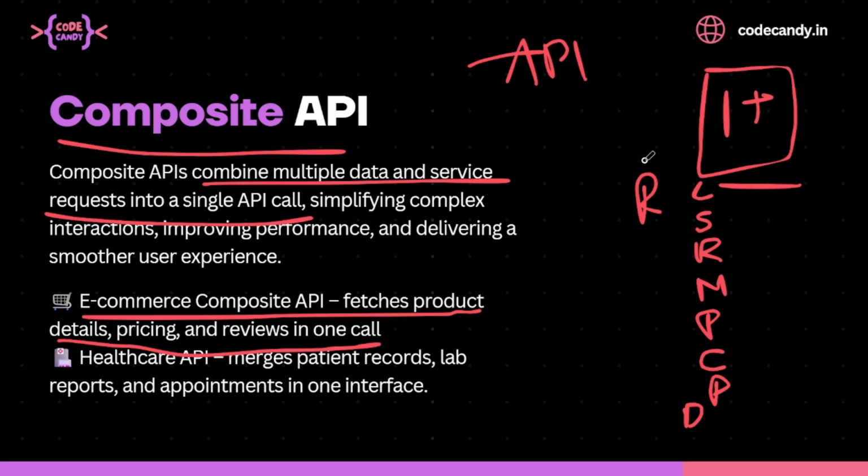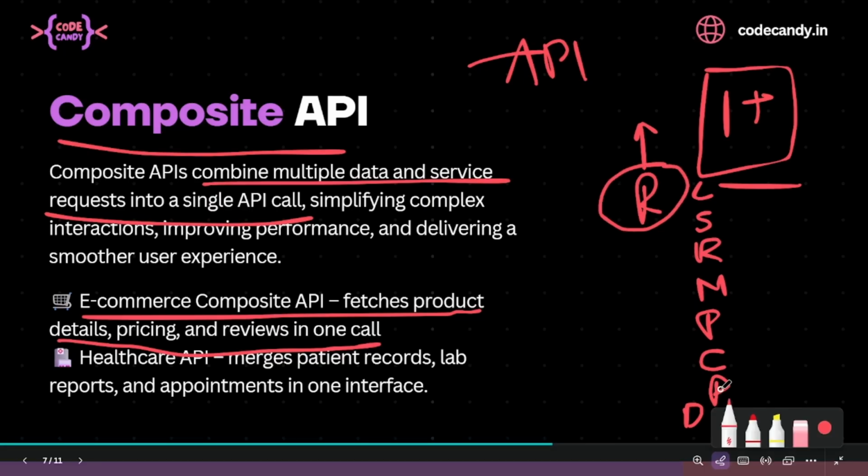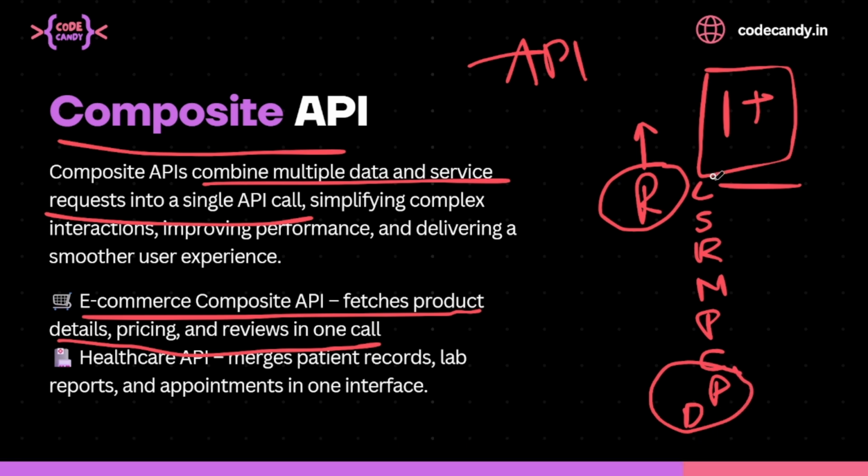But basically, in the database we store reviews in a separate table, pricing, discount, and offer details in a separate table, and product details in a separate table. If I want to know the OnePlus phone details, how many APIs do I have to hit? 3 APIs to get the data.